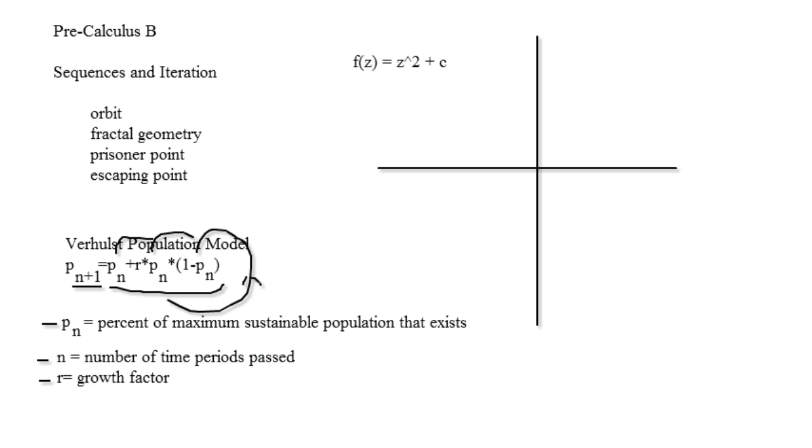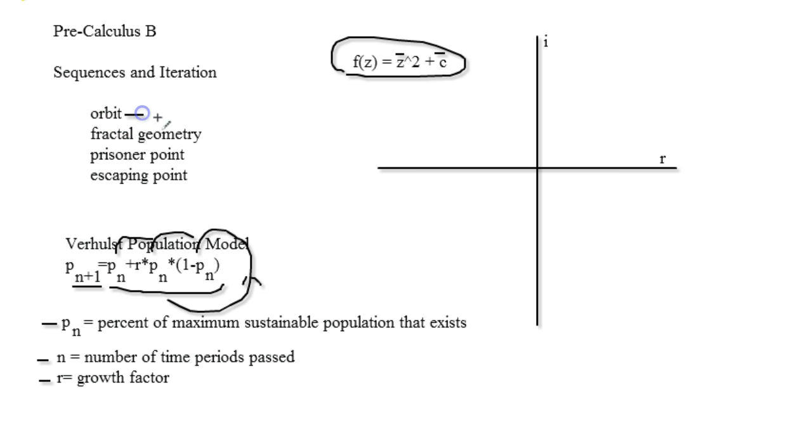With fractal geometry, you're going to take a look at this. This is going to be your imaginary axis, so this is i up here, and this is going to be your real numbers down here. As you work with it, you're working with this function where z is going to be a complex number and c is also going to be a complex number.